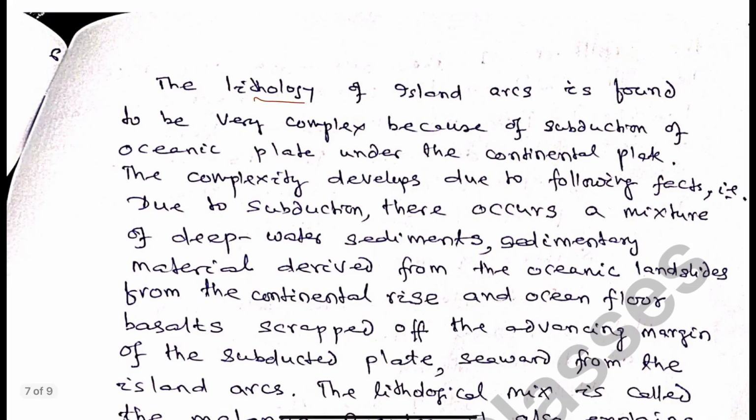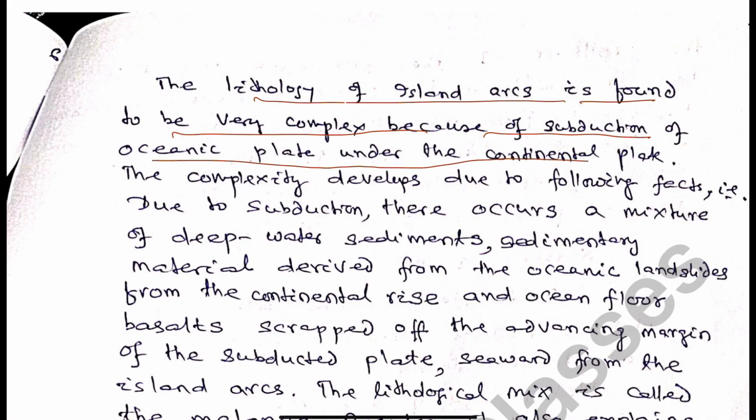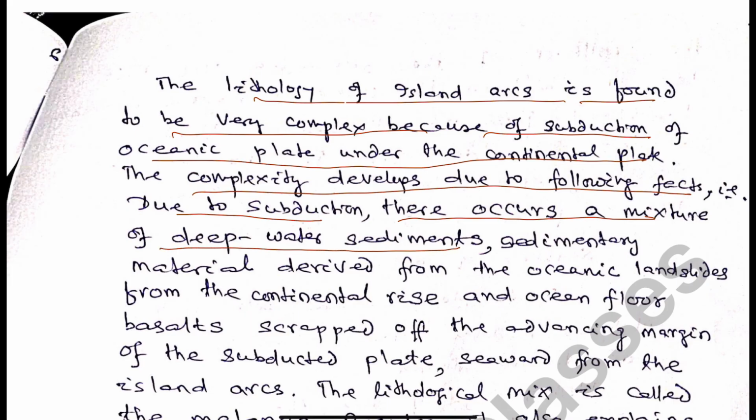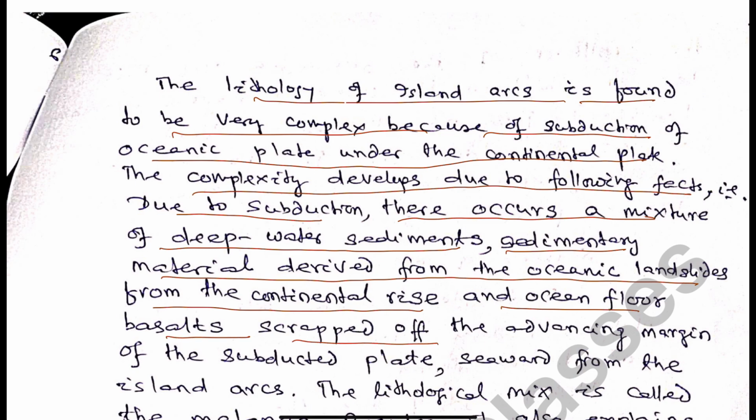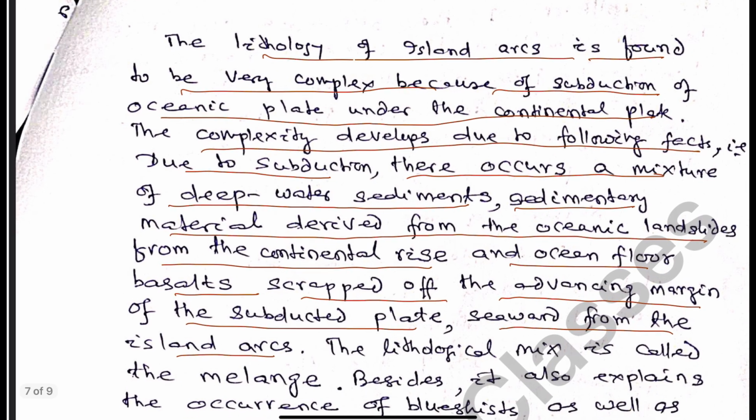If you take into account the lithology of the island arcs, it is found to be very complex because of the subduction of the oceanic plate under the continental plate. The complexity develops due to the following facts. Due to subduction, there occurs a mixture of deep water sediments, sedimentary materials derived from the oceanic landslides, from the continental rise, and ocean floor basalts scraped off the advancing margin of the subducted plates seaward from the island arcs.